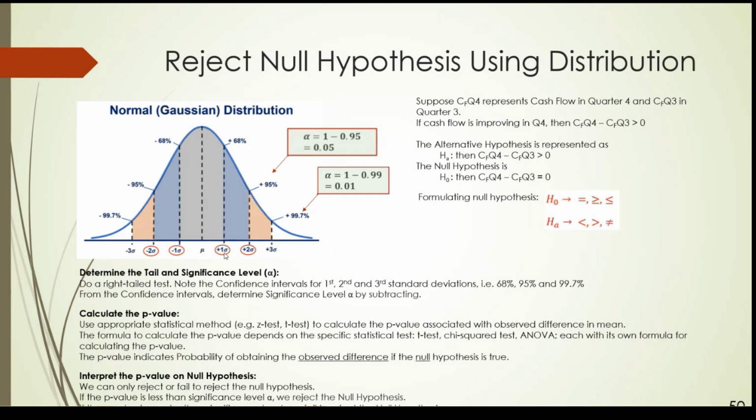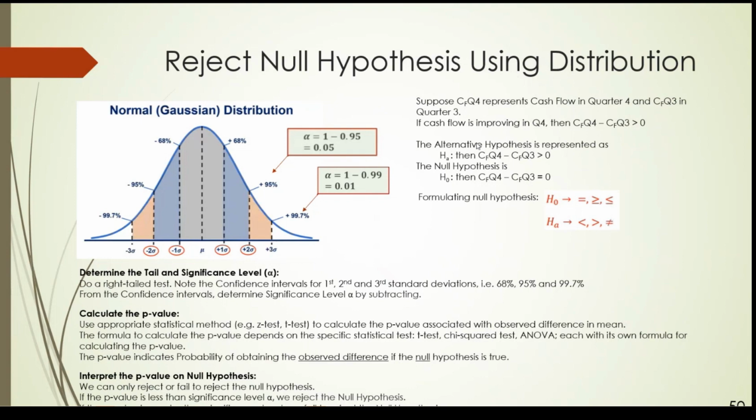Then the first standard deviation is plus minus 68%. 68% of the population will fall within one standard deviation from the mean. Okay, the center is the mean. And then 95% will fall within 2 standard deviations before and after the mean. And then finally, the third standard deviation is almost majority, 99.7%, almost everybody in the sample will fall within plus minus 3 standard deviations from the mean.